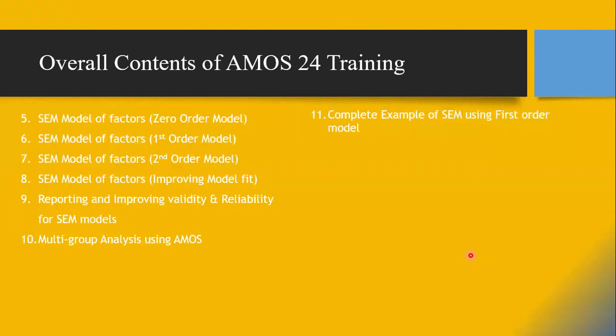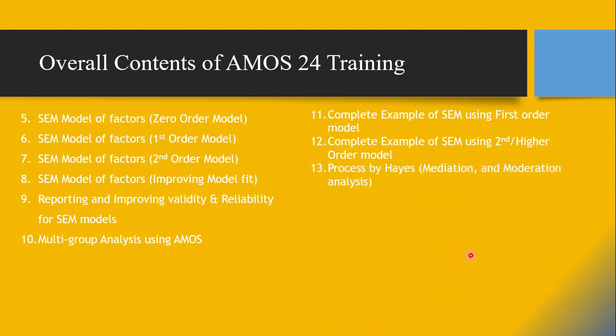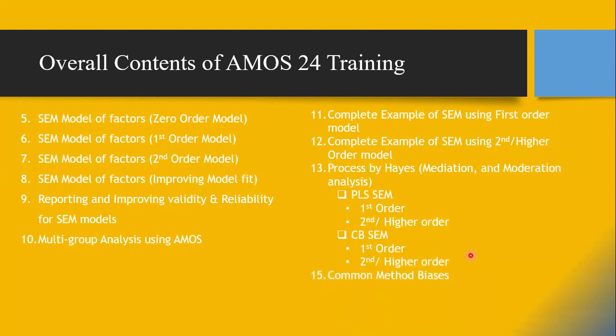We will have a complete example of SEM using a first order model, and a complete example of SEM using a second or higher order model. We may have PROCESS by Hayes, like mediation and moderation analysis for PLS-SEM, first order, second order, as well as for CB-SEM, first order, second order. Last but not least is common method bias that we are going to use for these training sessions.